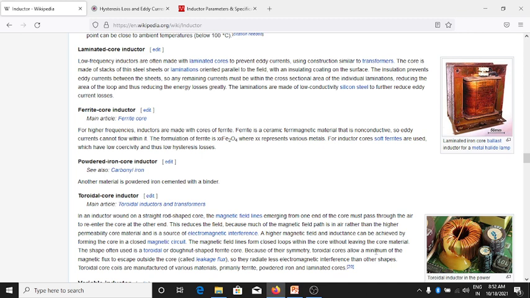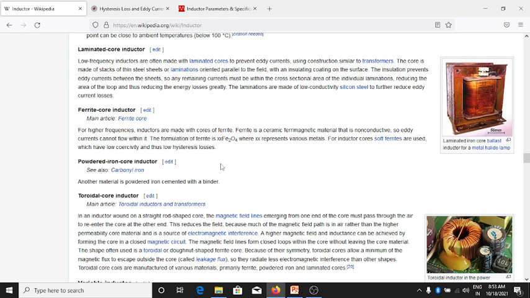The insulation prevents eddy current between the sheets, so any remaining current must be within the cross-sectional area of the individual lamination, reducing the area of the loop and thus reducing the energy losses greatly. The laminations are made of low conductivity silicon steel to further reduce eddy current losses.